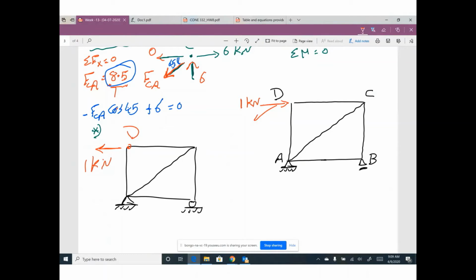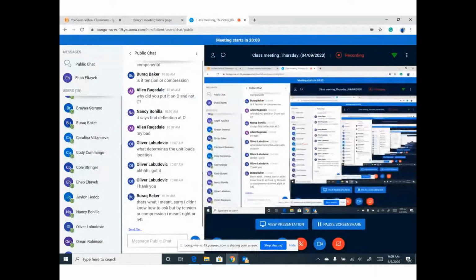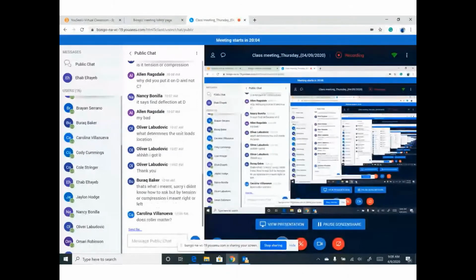It's a good question. You asked me to remove everything and put 1 unit load at point D. And this unit load is horizontal. But you didn't tell me horizontal to left or horizontal to right. Okay.